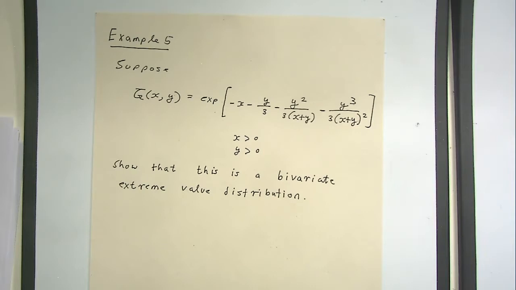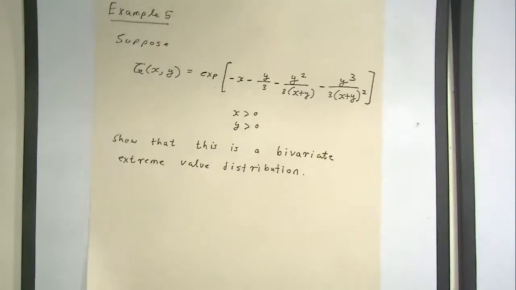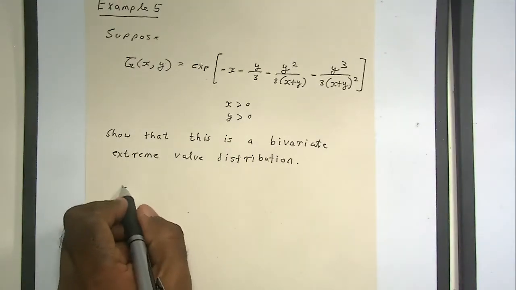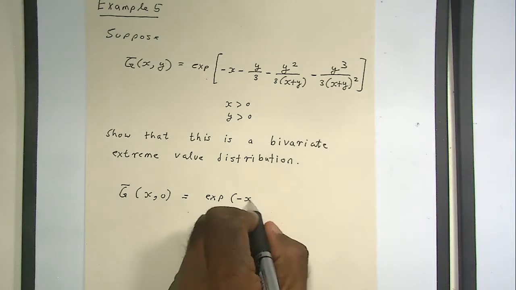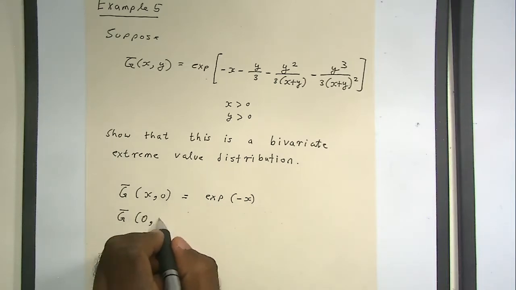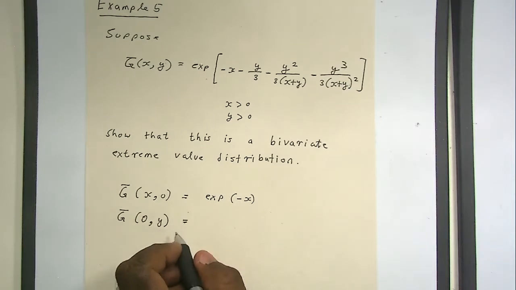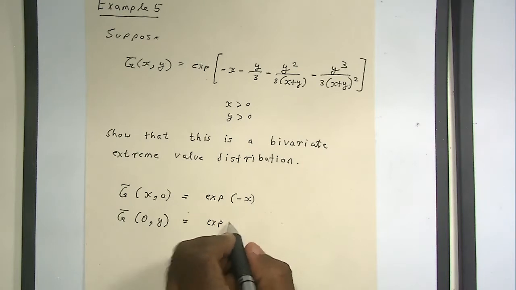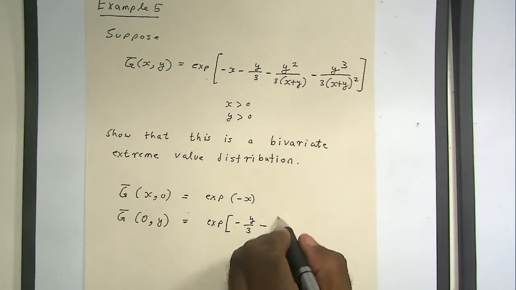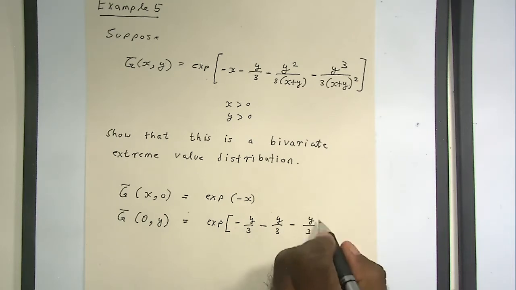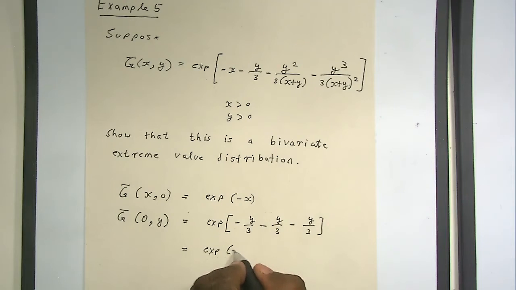All right. So you know what to do, right? The first thing you need to do is to find the marginals, and then decide on the representation to use. There are 5 representations, right? If you put y equal to 0, you get exponential of minus x. And if you put x equal to 0, you get exponential of minus y over 3, and you get y over 3, which is equal to exponential of minus y.